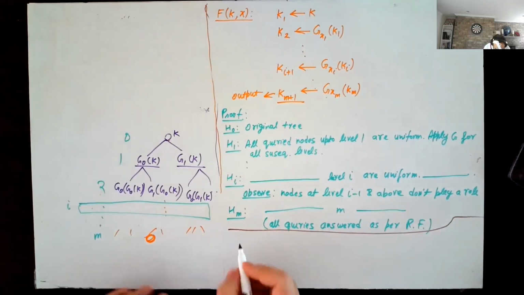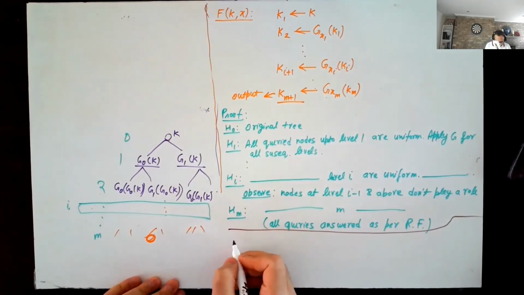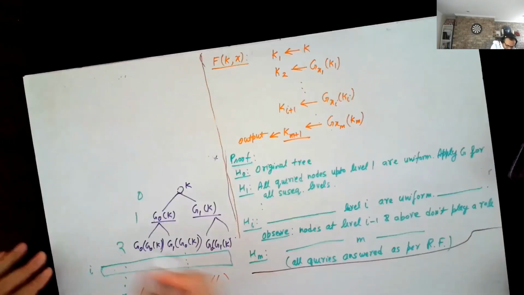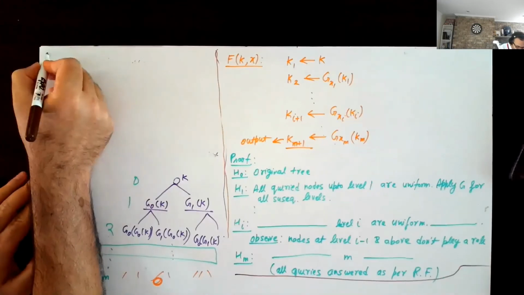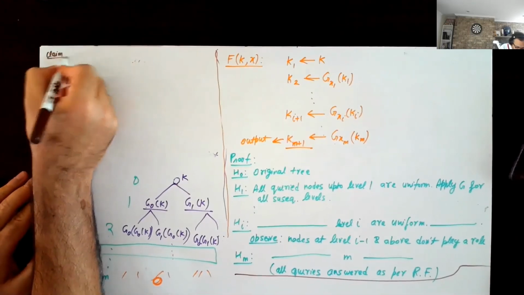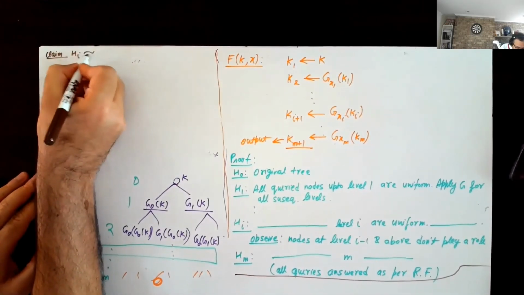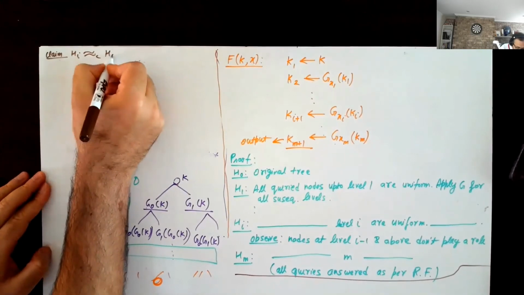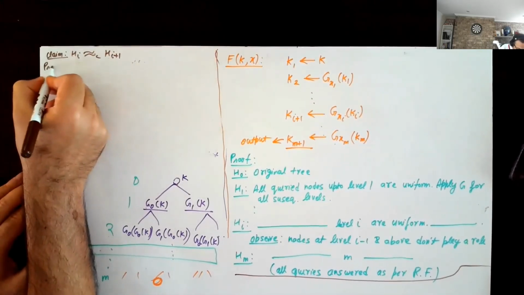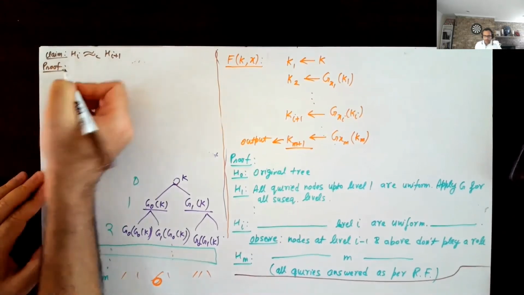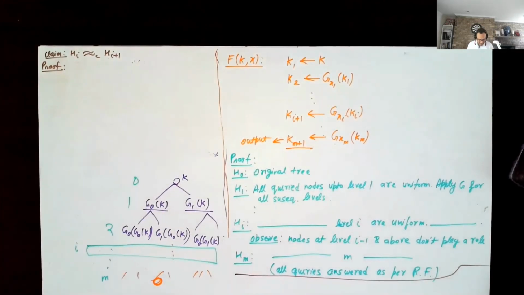Okay, so now our claim is that hybrid I is computationally indistinguishable from hybrid I plus 1. Now, what is the difference between hybrid I and hybrid I plus 1? The only difference is in the I plus 1th level.